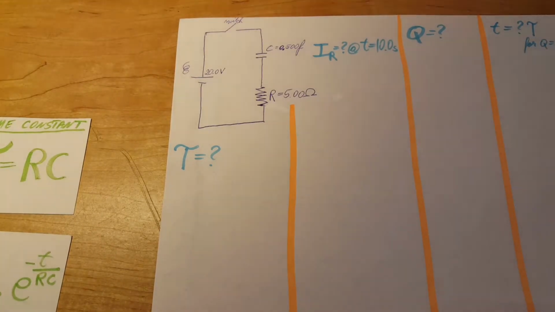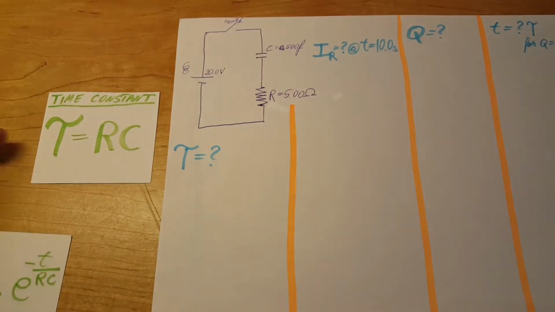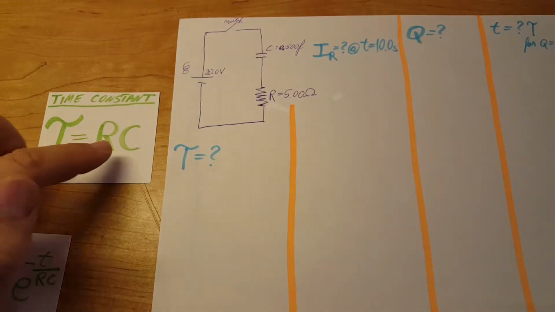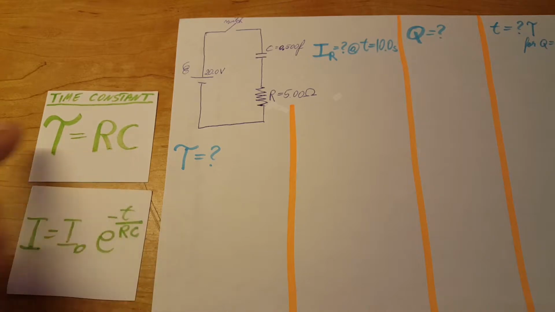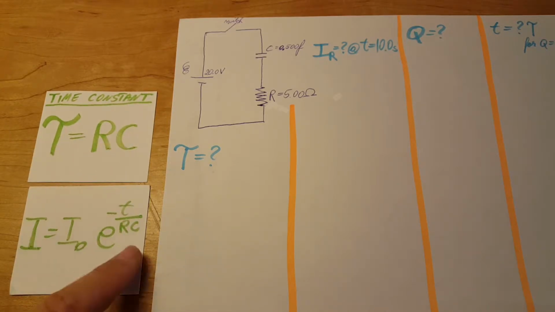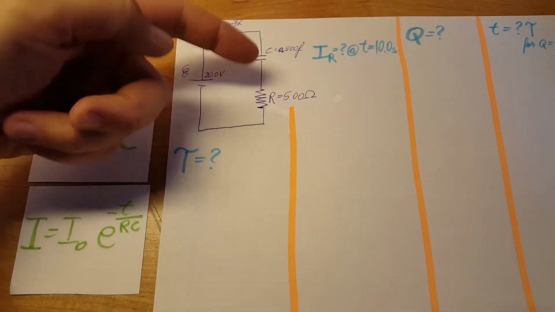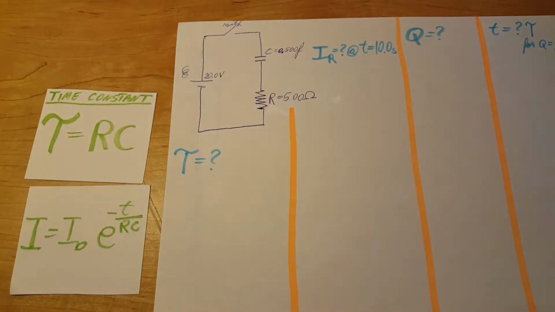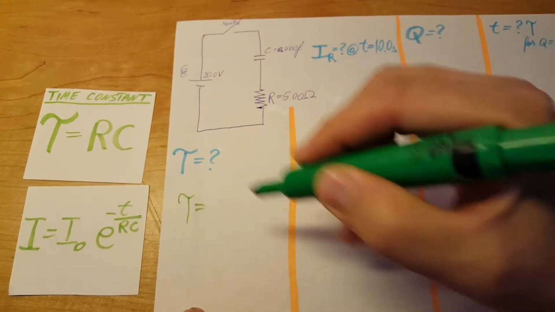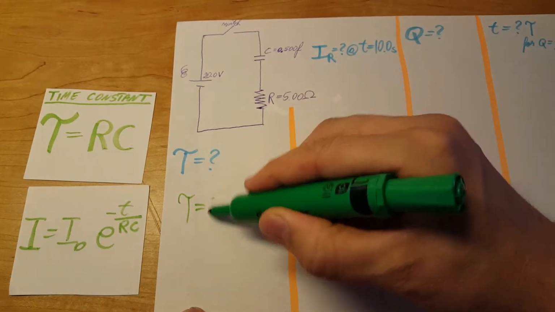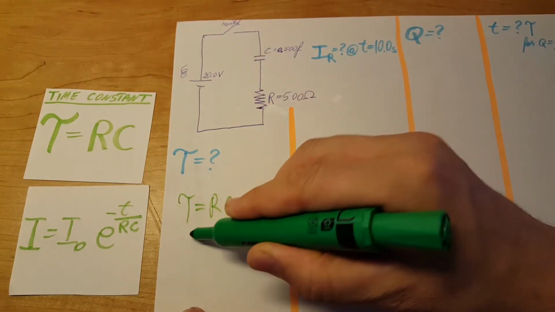So the time constant is tau equals RC, and this one comes from this formula. This RC is what we're looking for. So we have R and we have C. This part is pretty straightforward. Tau equals RC.